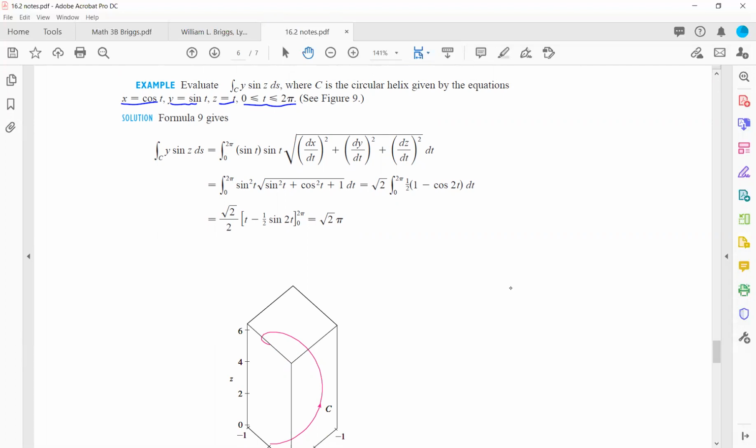Let us follow the formula. The integral of y sine z ds is the integral of sine t, since your y is defined as sine t, so you substitute it here. Sine z, z is t, so instead of z, we use t, and ds, which is the square root of the partial derivative of x squared plus partial derivative of y squared plus partial derivative of z squared.